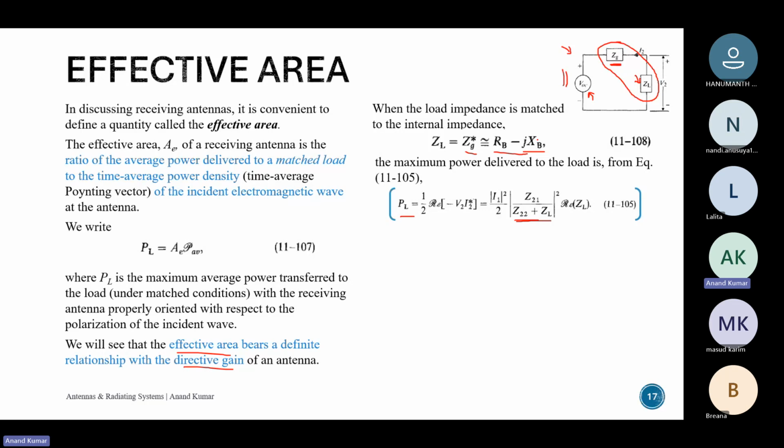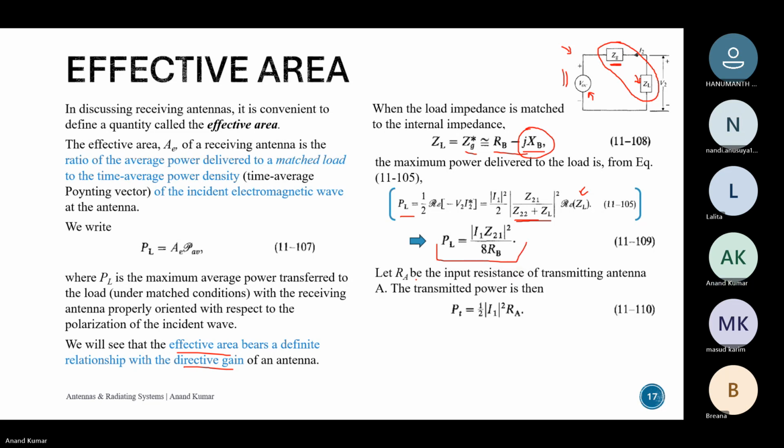So we lose the imaginary term over here, and again lose the imaginary term XB over here. So we get this. This is the maximum power delivered to the load, and let us say RA is the input resistance of the transmitting antenna A.